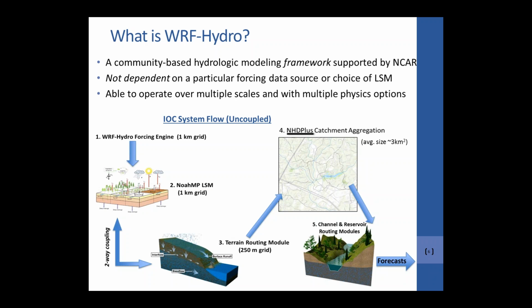We'll be iterating on that and improving it over time to include active regulation. But for right now, it's what's called a level pool reservoir scheme, where basically we give the model knowledge of some of the basic characteristics of the reservoir. So say the height of the spillway or the size of the exit, the orifice, things like that. And when the reservoir is still up to that level, they just simply drain.